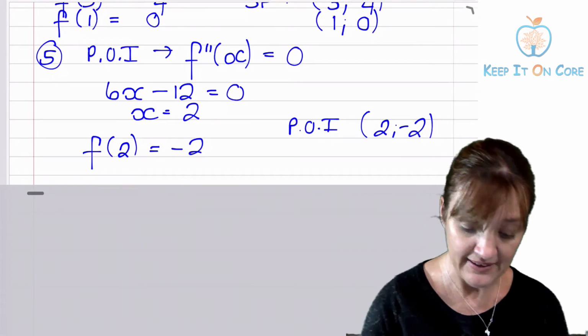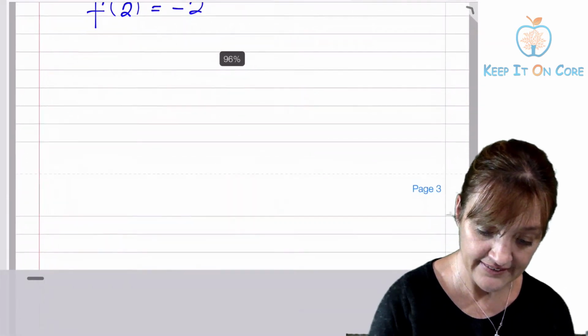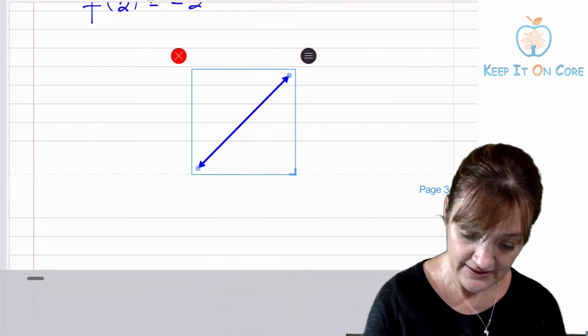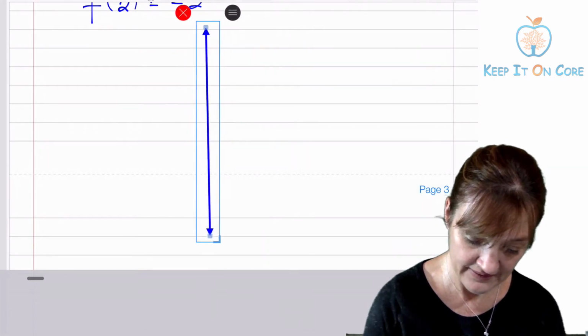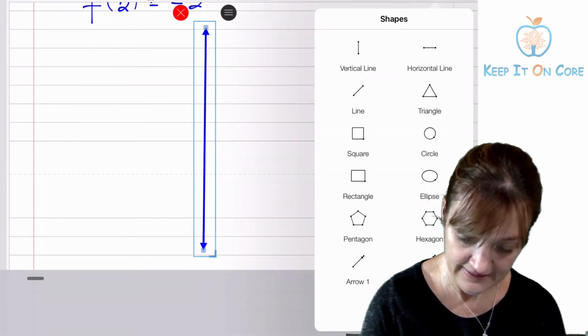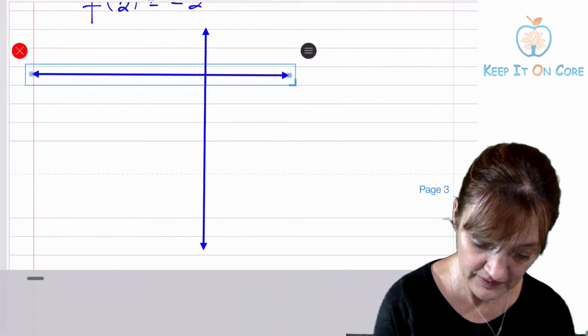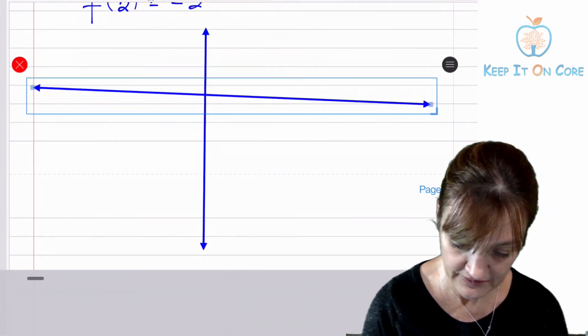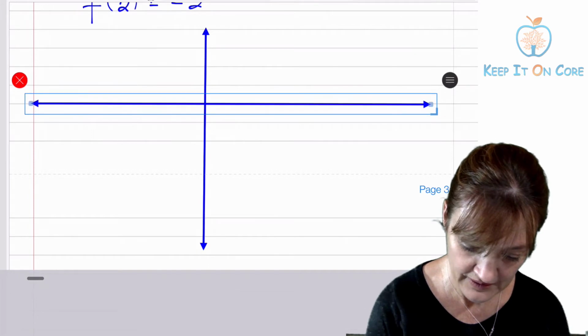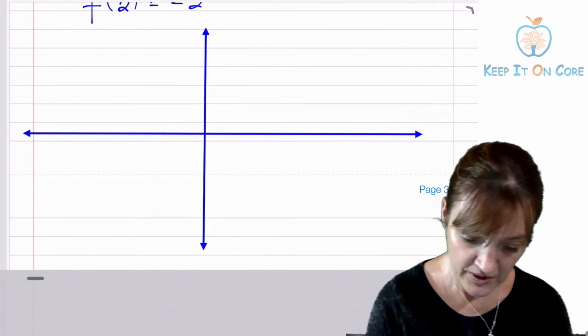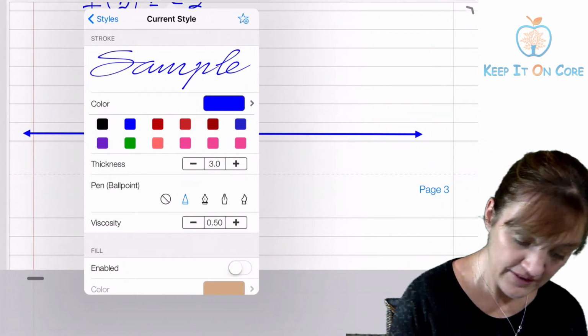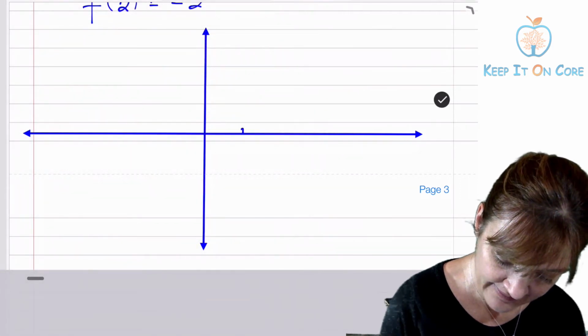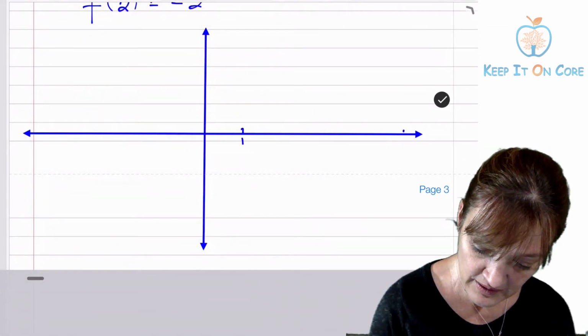Once you've got all of that, now we have to plot. Okay, so now it's a case of getting your x and your y axis in ready. So let's give ourselves an x and a y axis. Okay, let's draw it nicely over here. Okay, and what are the points that we have? Okay, we knew that the x-intercepts were at positive 1, positive 4.